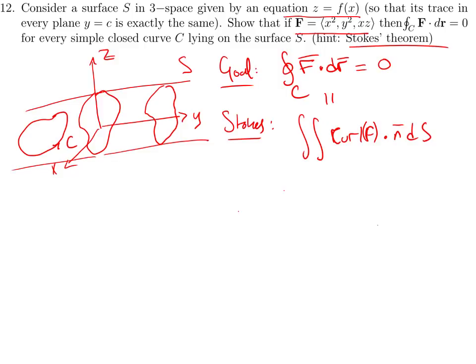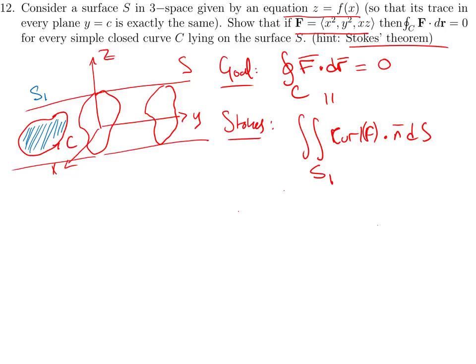What's the natural thing to do? Well, let's just choose the part of S that's inside C. Let's call this S1. Okay, so S1 is now a subset of S, and its boundary is clearly C because C lies on S. So Stokes' theorem tells us that each of these integrals is equal to a flux integral like this. And our goal is to show that this thing is 0.